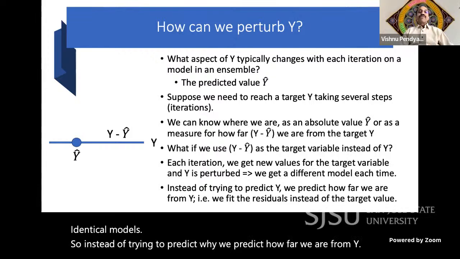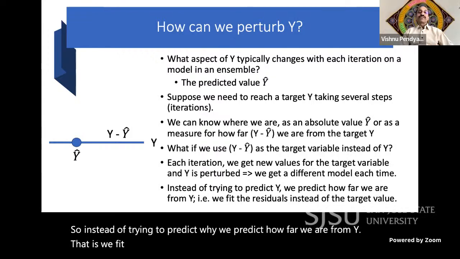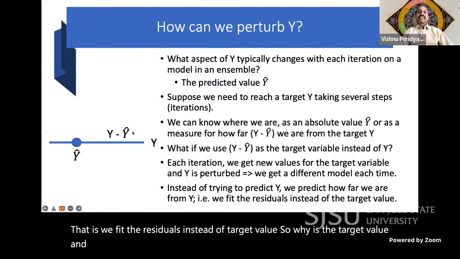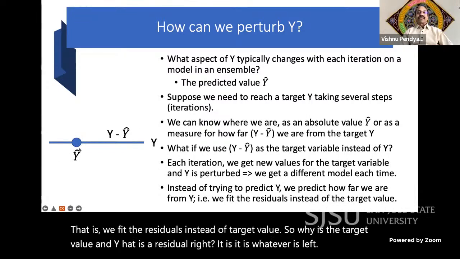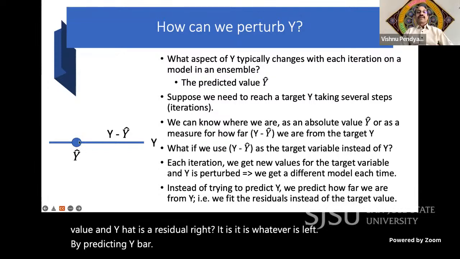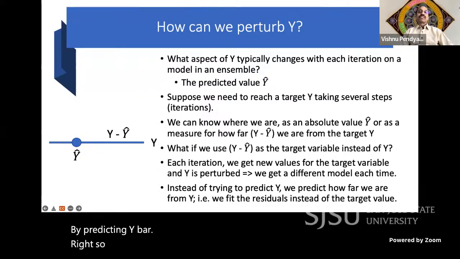So instead of trying to predict y, we predict how far we are from y. That is, we fit the residuals instead of the target value. So y is a target value, and y minus y hat is a residual, right? It is whatever is left after predicting y hat. The word used in machine learning parlance is residual.